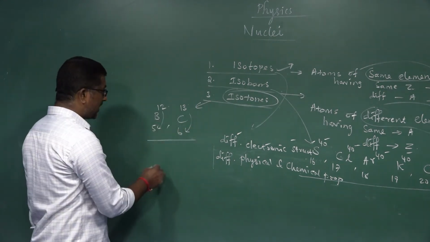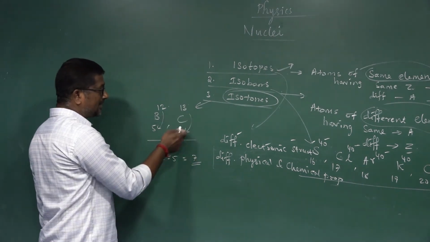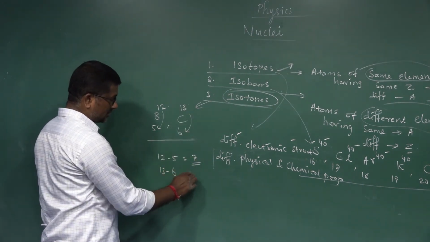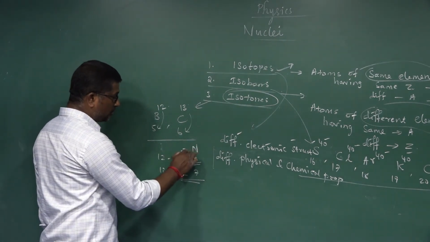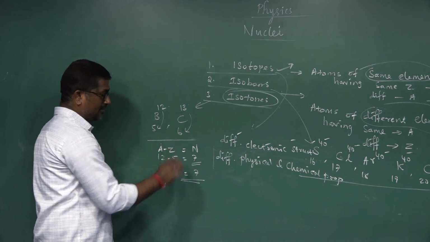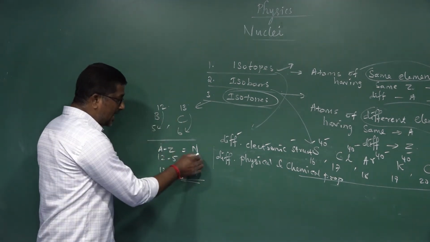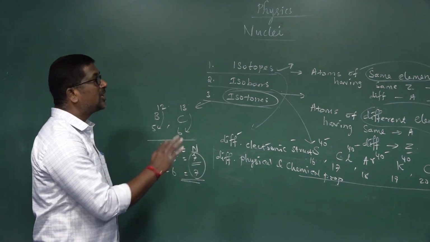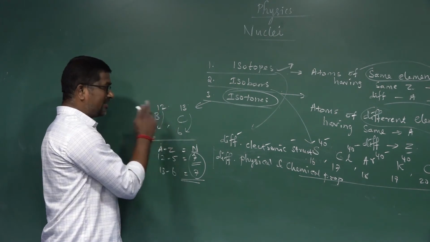Here 12 minus 5 is 7. Here 13 minus 6 is 7. So neutron number is equal to mass number minus atomic number. So atoms of different elements having the same neutron number are called isotones. Example for isotones: boron and carbon.